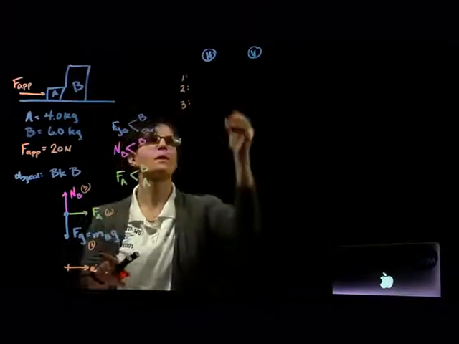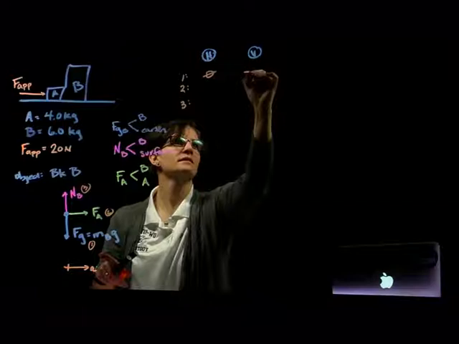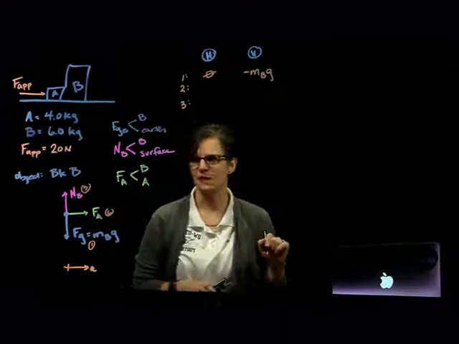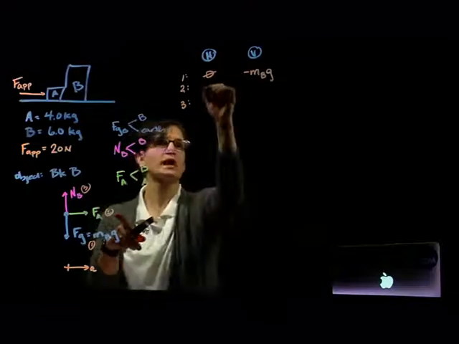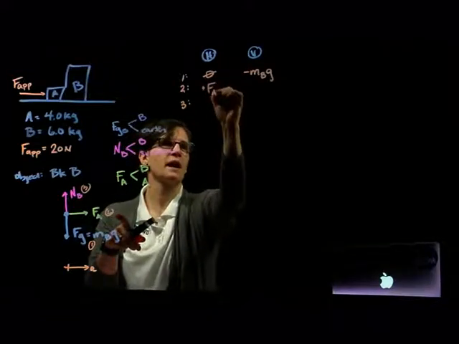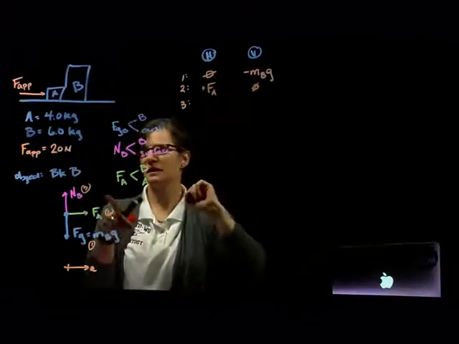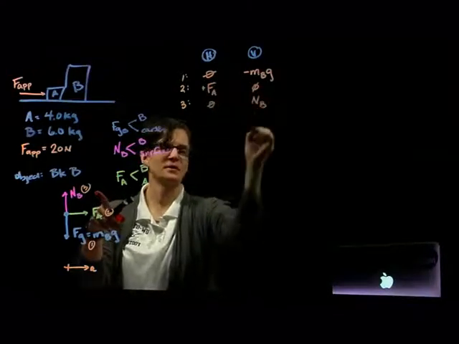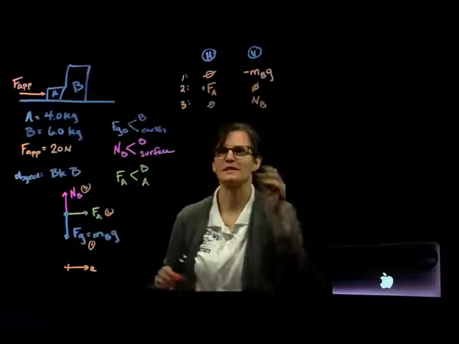Force number 1, nothing horizontal, just the force of gravity acting down. Force number 2, that's positive, and it's the force by A, nothing vertical. And force number 3, nothing horizontal, only vertical forces.